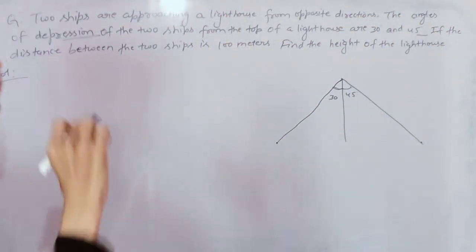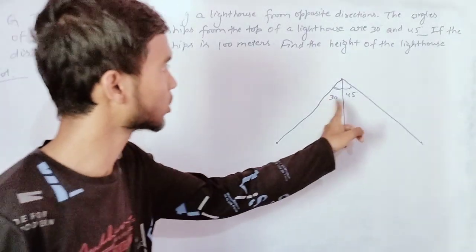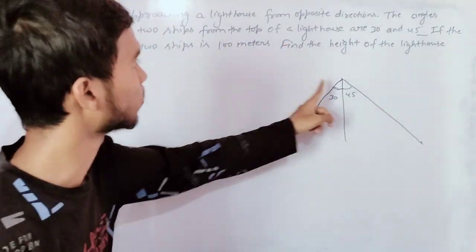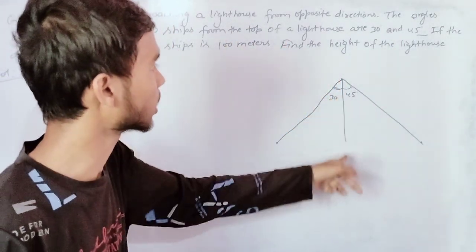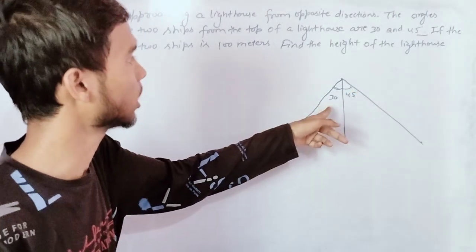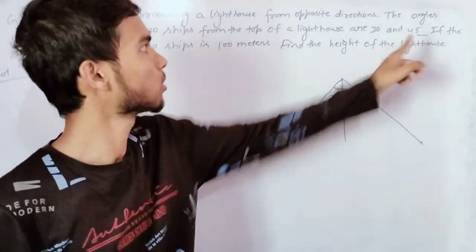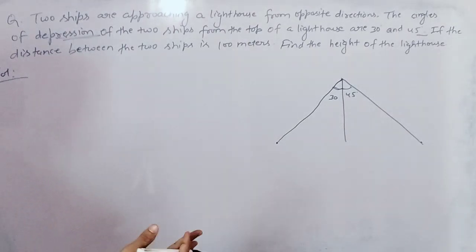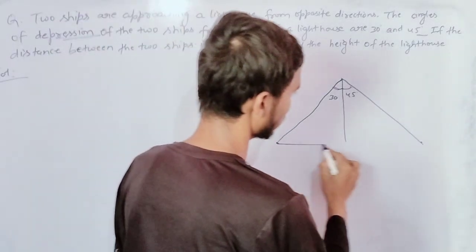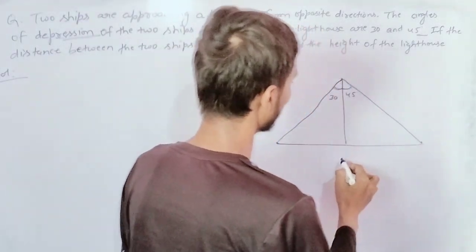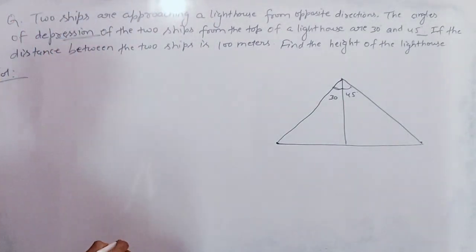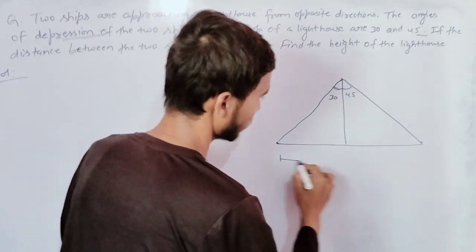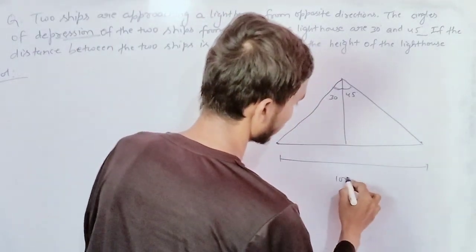The angles of depression of the two ships from the top of a lighthouse are, one is 30, second is 45. The distance between the two ships, from here to here, is 100 meters.